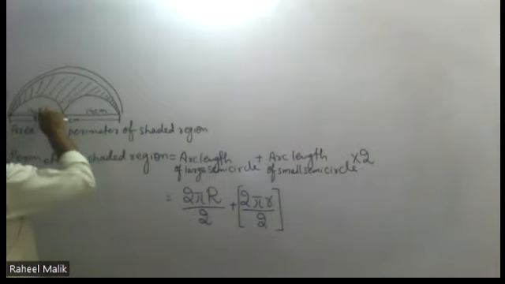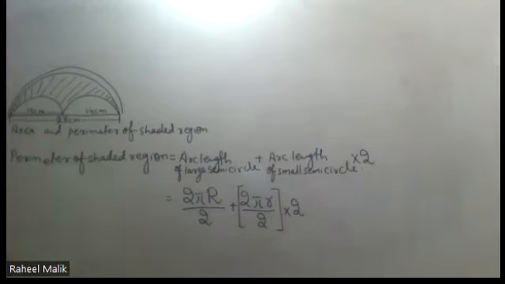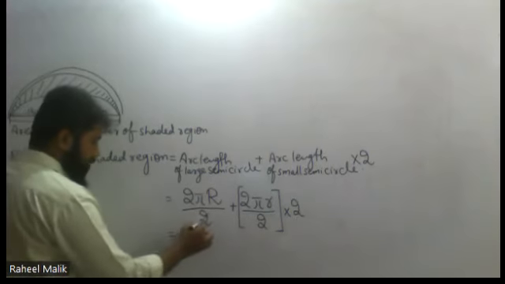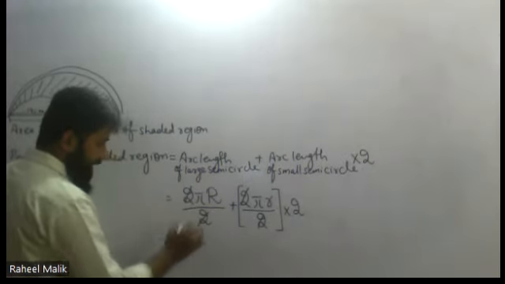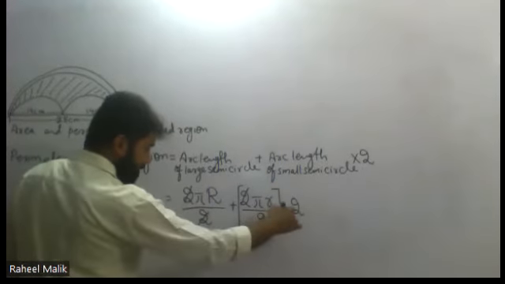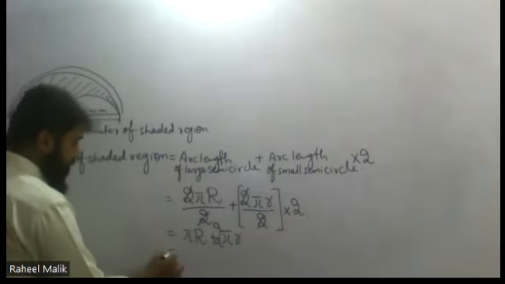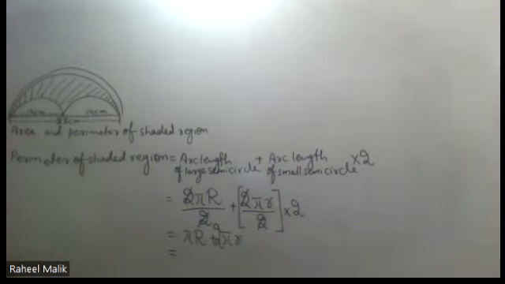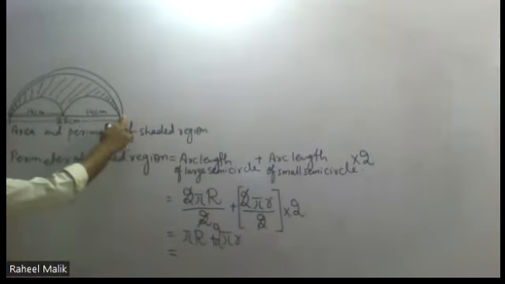Here there are two small arc lengths, so I will multiply this side by 2 over here. Now 2 and 2 will be cancelled, 2 and 2 will be cancelled, so I am having pi capital R plus pi small r multiplied by 2. Right? So now plugging in my values. This is the large one, so R. This is the complete 28 for the arc length.